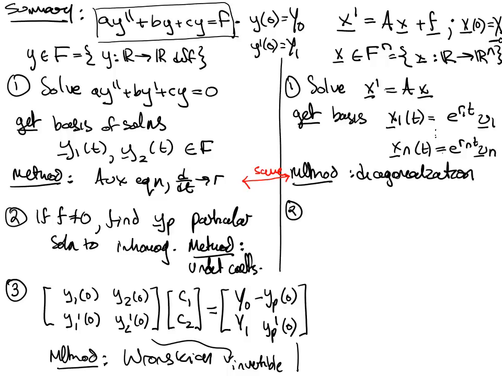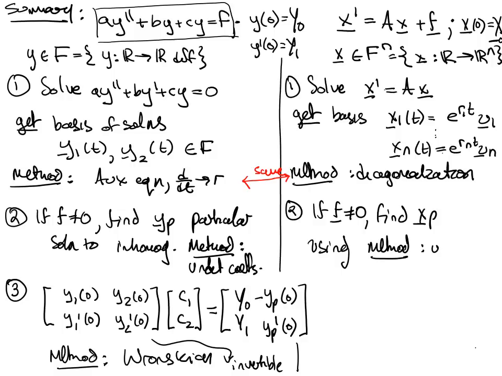The second step only applies again if it's inhomogeneous. So if f is not equal to 0, find a particular solution, again using the method of undetermined coefficients, only for polynomials.